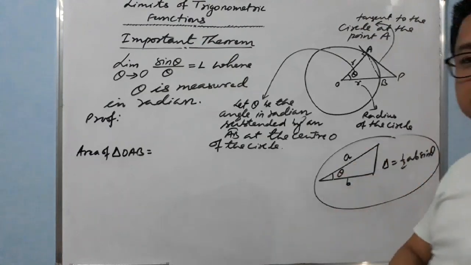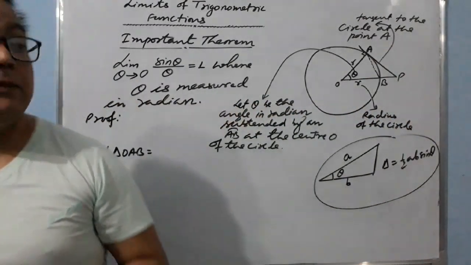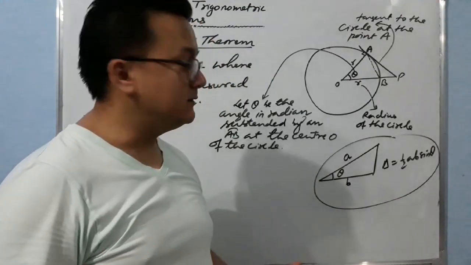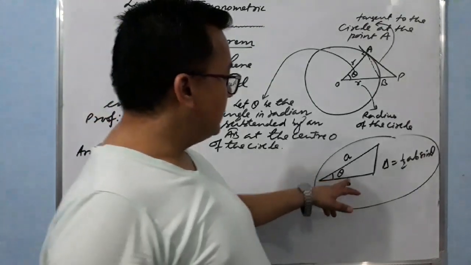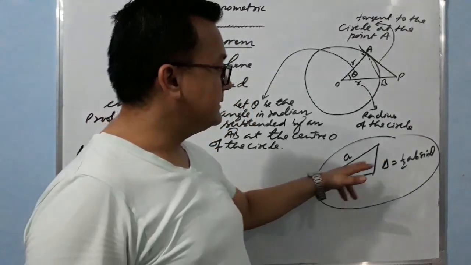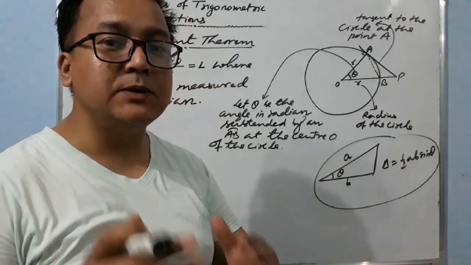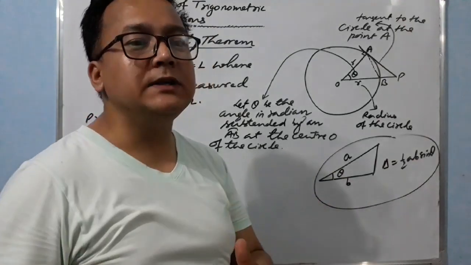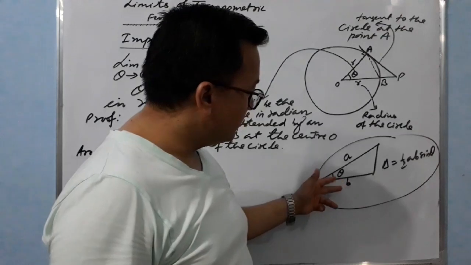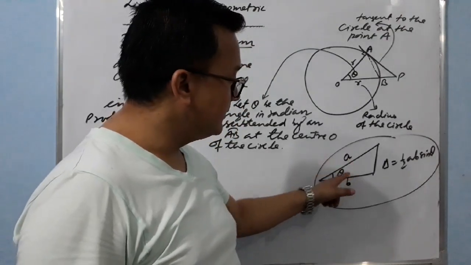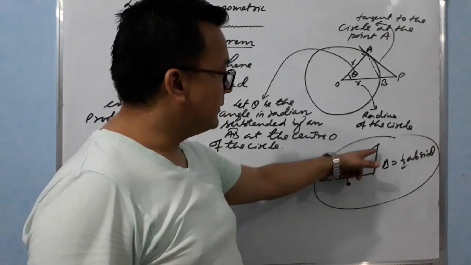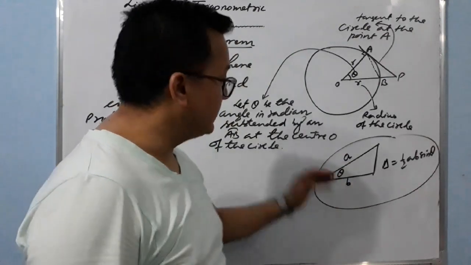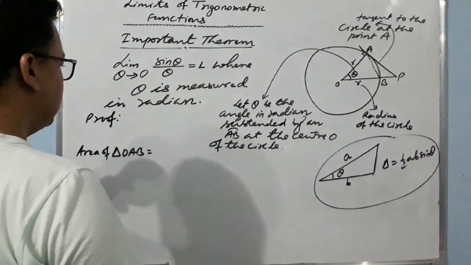You may also study it in properties of triangle. Area of triangle is half times the product of two sides times the sine of the angle between them. We can derive this formula also.